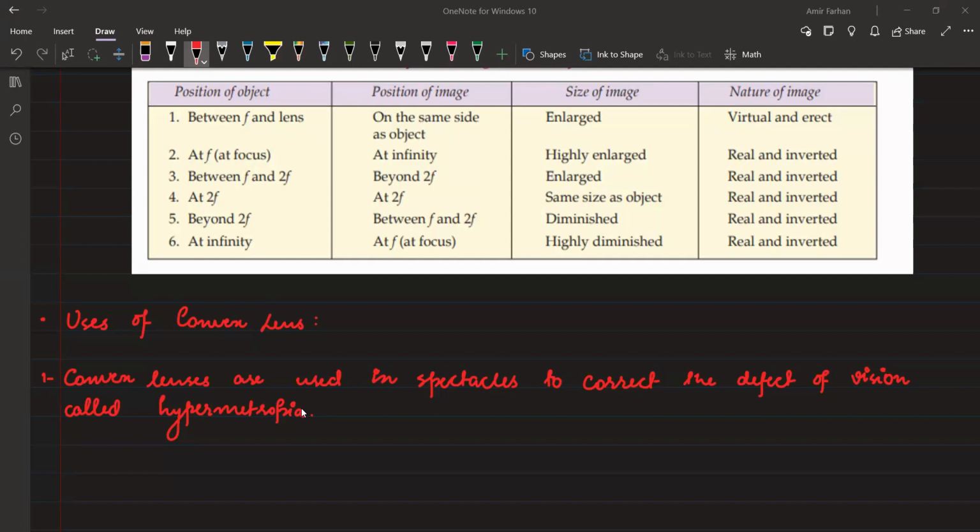Okay. Convex lenses are used in spectacles to correct the defect of vision called hypermetropia.